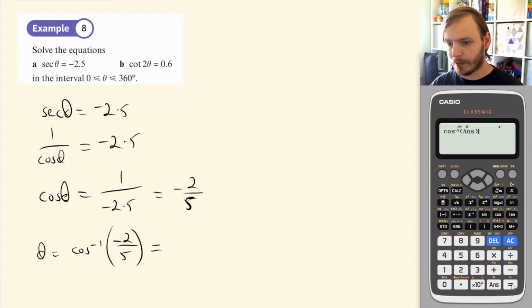Inverse cos of that answer equals, and at this point it's worth pointing out I've got a very small interesting number, 1.98, because my calculator is in radians and the question is in degrees. So I just need to, as with all of the other questions, make sure my calculator is in the right mode.